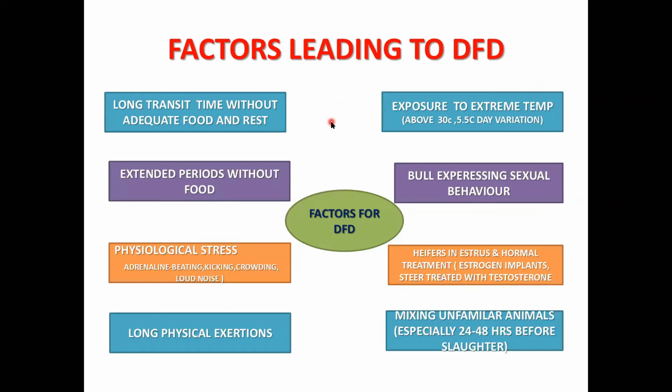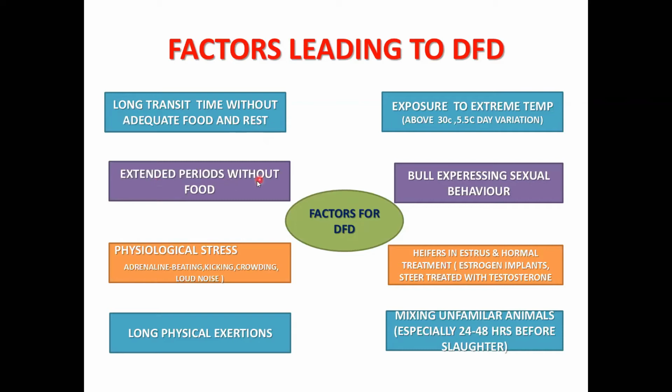So what are the factors leading to DFT? There are many factors which can lead to dark, firm, and dry meat. This is mainly seen in animals put under long transportation without adequate food and rest. You are transporting the animal for a long duration without food and adequate rest, and that can lead to dark, firm, and dry meat.